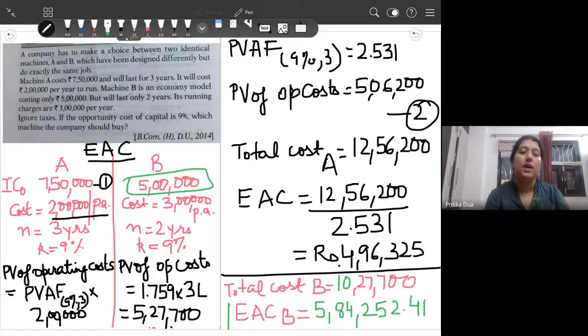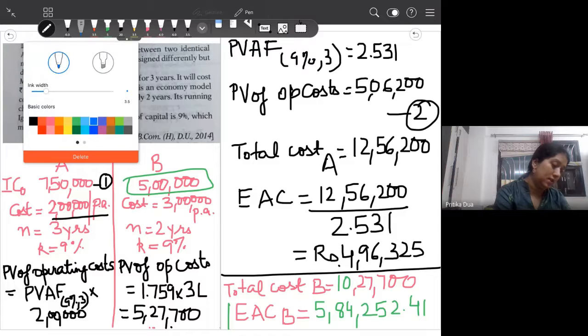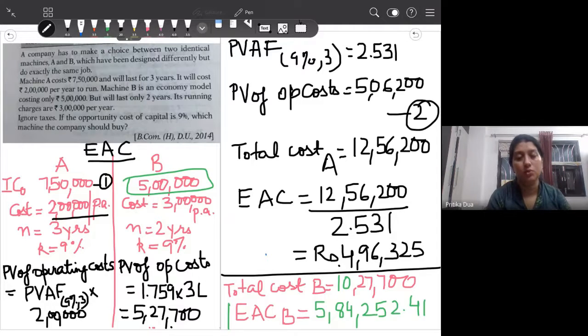So the equivalent annual cost of B actually is turning out to be higher than that of A. So though it was claimed that B was an economy model, what we find is that the annual cost of operation of B is higher than A, and hence we prefer machine A. Okay, sorry for the inconvenience there. So finally, when we have to make the choice between the two machines, machine A with a lower annual cost will be preferred over machine B.